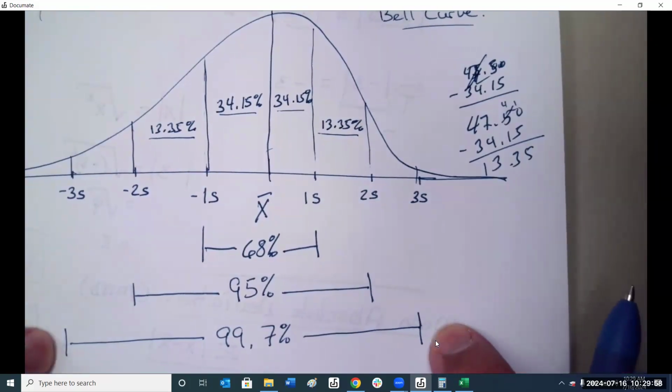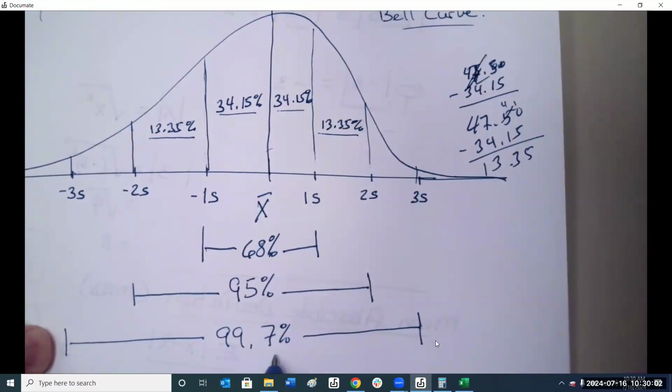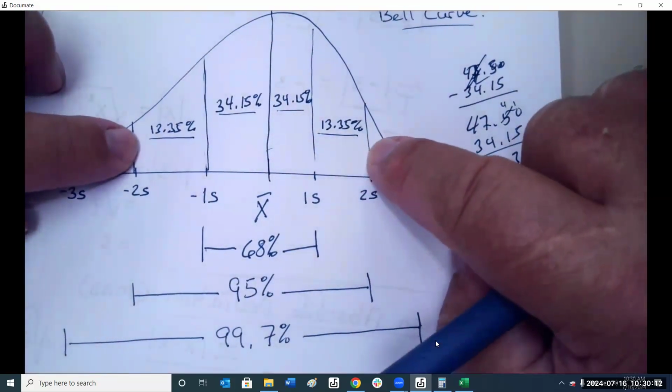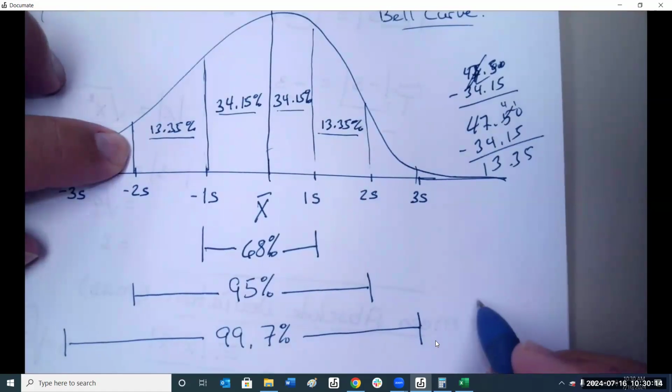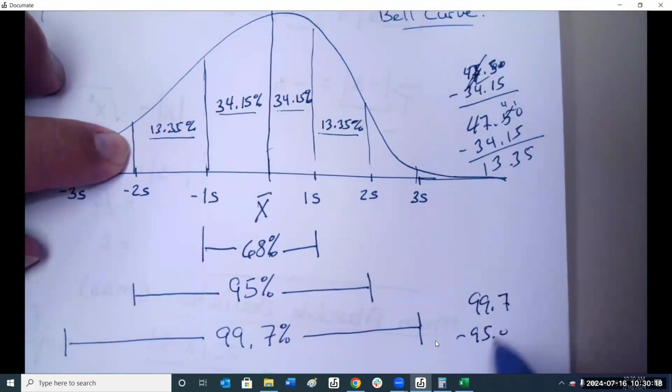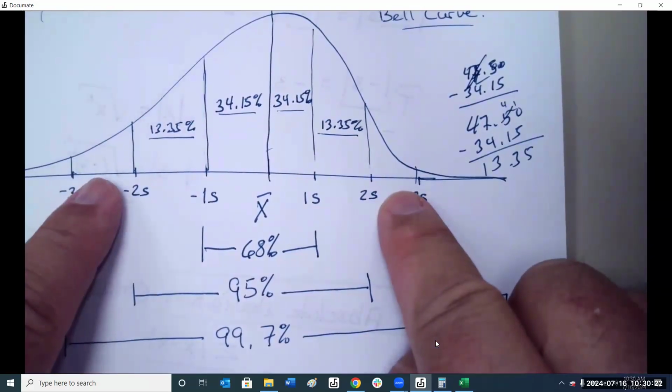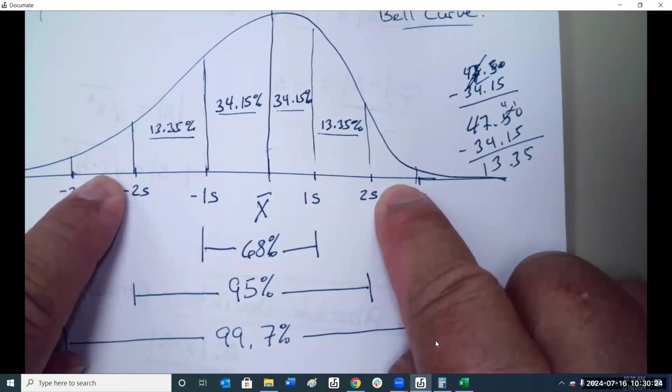And the last one, the third standard deviation, takes care of 99.7%. Since we know that this is 95%, 99.7 minus 95 is 4.7. So 4.7 has to go in both of these.